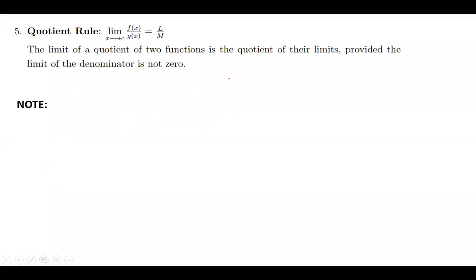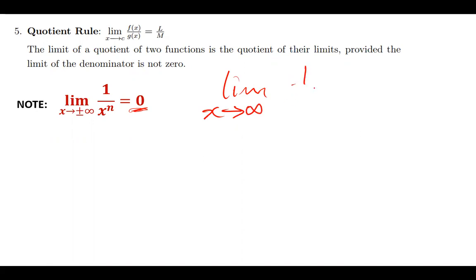So what I'm trying to say is this: the limit of 1 over x to the power of any bigger number will just converge to 0. So for instance, if you've been asked to find the limit when x approaches infinity of 1 over x squared, the answer there will just be 0.